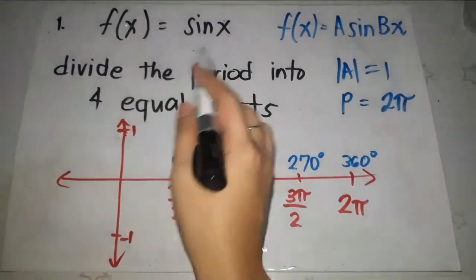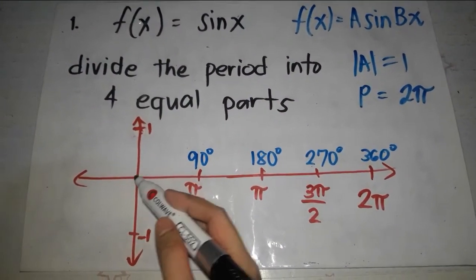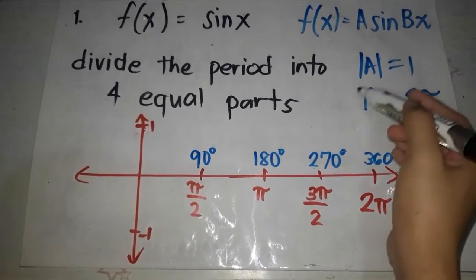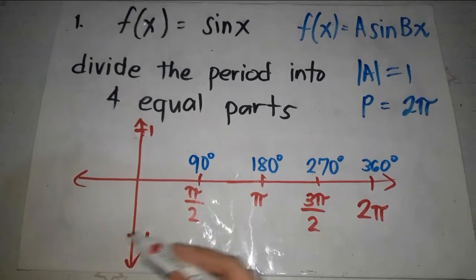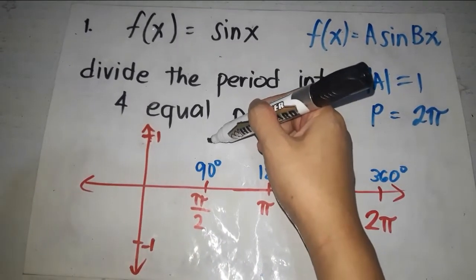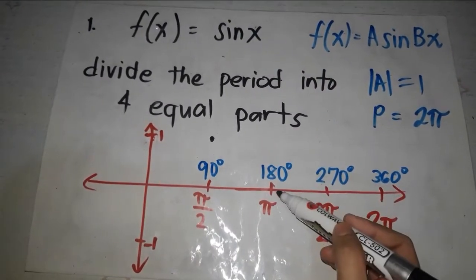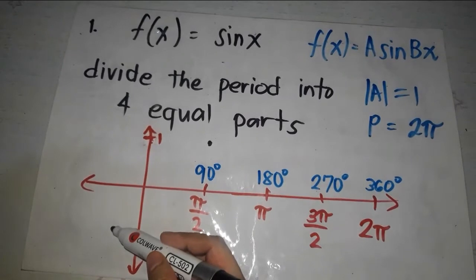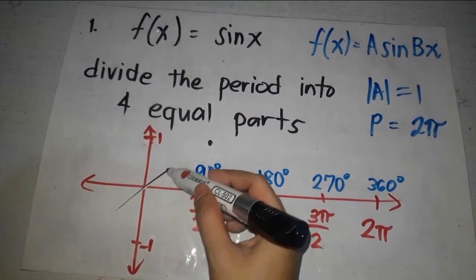Since it's a sine function, it will pass through the origin. Alright, so we have to make a curve, which is like a wave. So this is the height, meaning that should be the highest point. Let's trace it, and let's make a curve, tracing from the origin going up since it's positive.